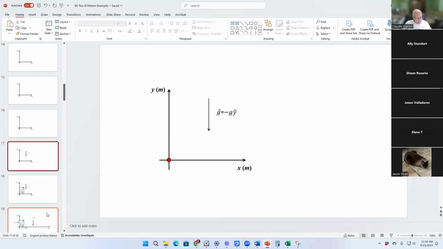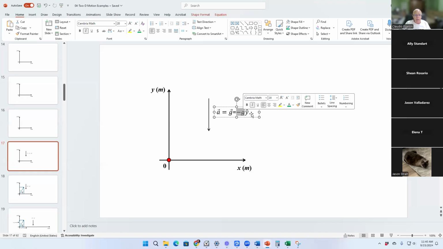Okay? Because the motion is that of a projectile, the projectile, whenever it starts to move, is going to be subjected only to the acceleration of gravity. And I'm going to emphasize here that this is the vector. Acceleration of the particle is equal to the acceleration of gravity, which, by the way, don't forget I'm writing down the vector here, which is equal to minus g y hat.